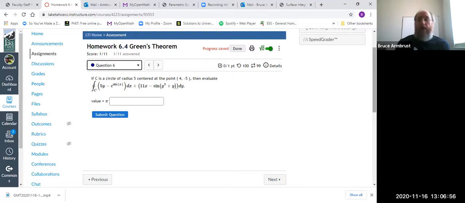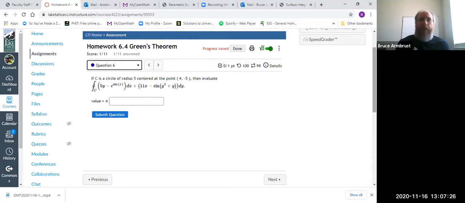So let's think about our options here. One option is to parameterize the curve. We know how to parameterize circles really easily, right? The x would be 5 cosine theta. The y would be 5 sine theta, except for the fact that we're centered at the point (4, -5). So that would require us to fiddle around with it a little bit.